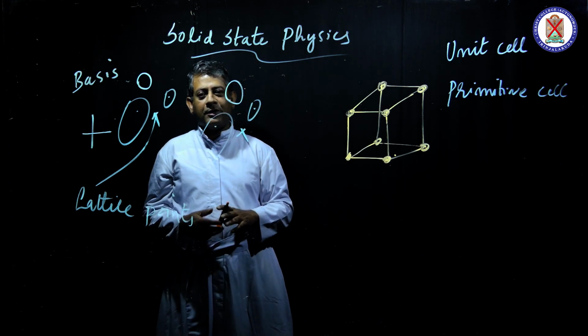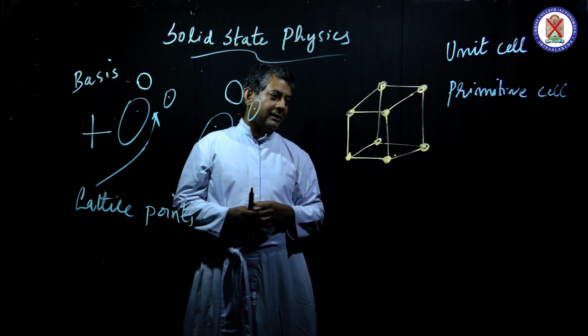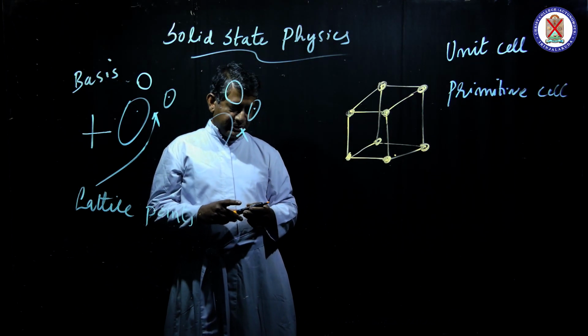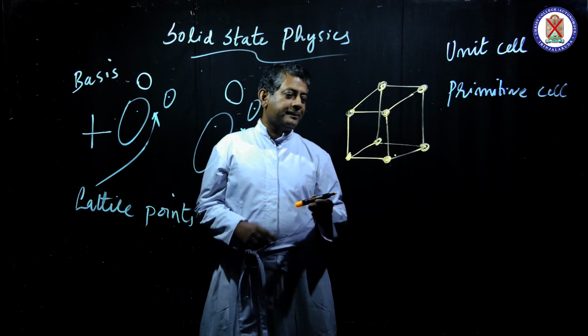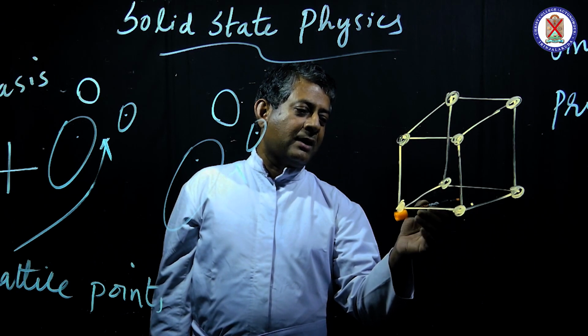There are two different ways to find out how many lattice points are inside this cube. The first method is, you have to shift this cube in the x direction half this length.